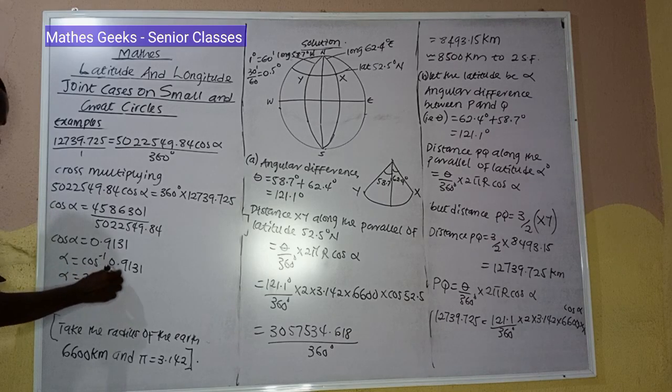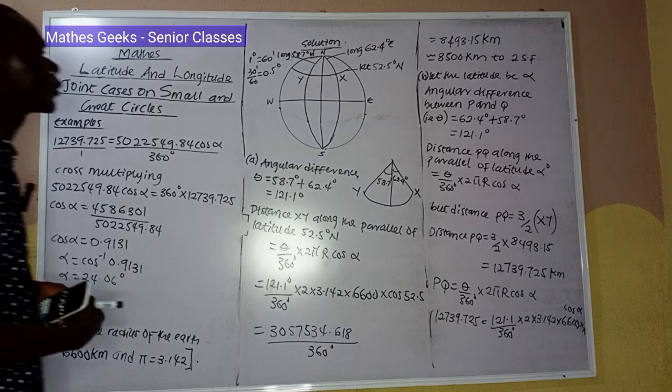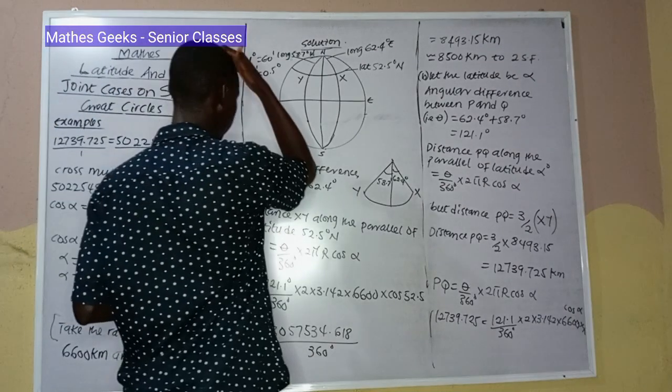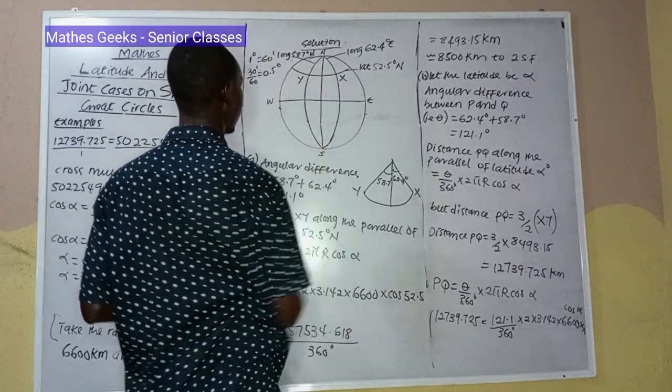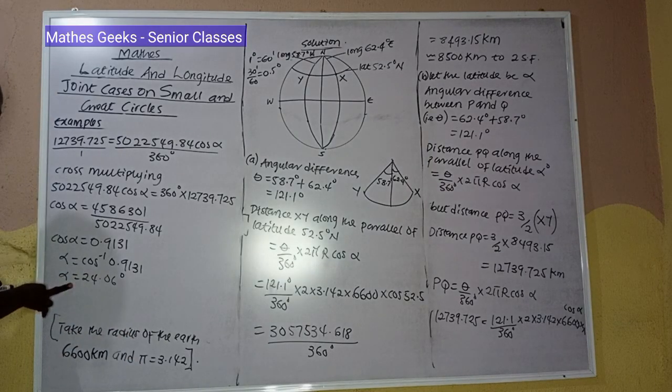So alpha is 24.06 degrees. Now since in the question we had both degrees and minutes given, we're going to ensure that the line of latitude between P and Q is also in degrees and minutes.